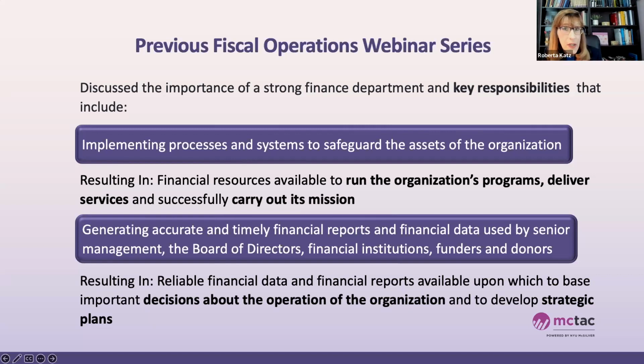The second key responsibility that we discussed is to generate accurate and timely financial reports and financial data that's used by senior management, the board of directors, financial institutions, funders, and donors. And by fulfilling this responsibility, there'll be reliable financial data and financial reports available upon which to base important decisions about the operation of the organization and to develop strategic plans.